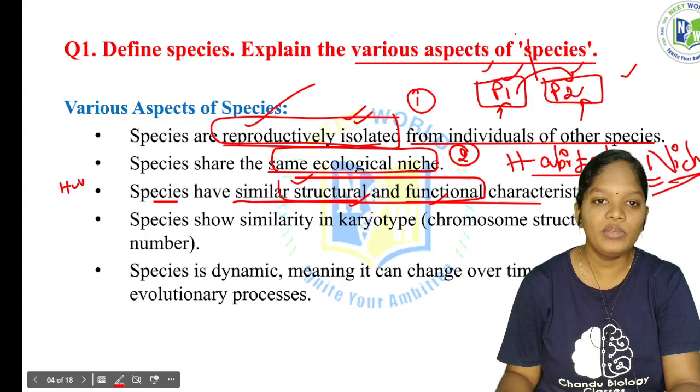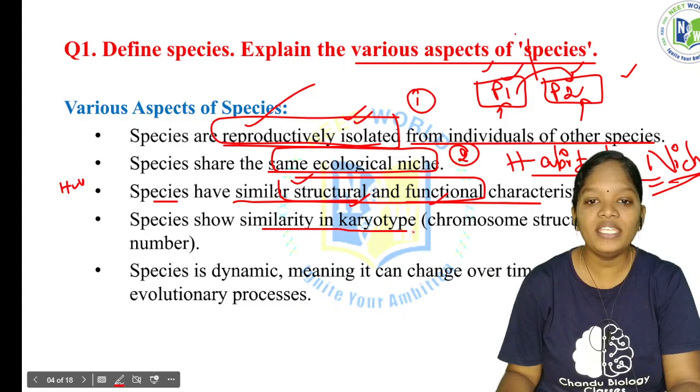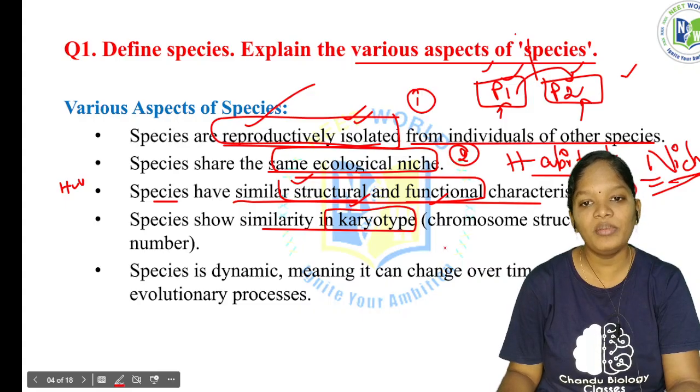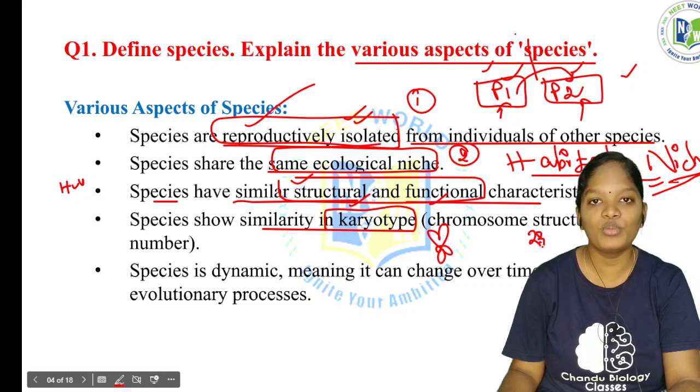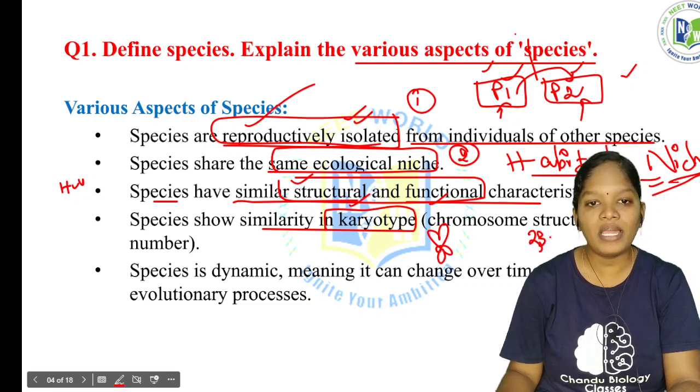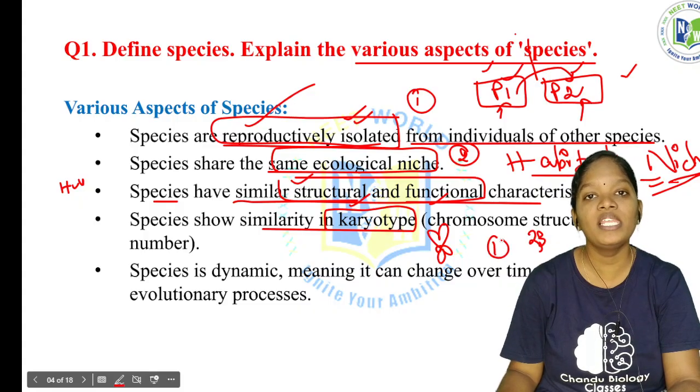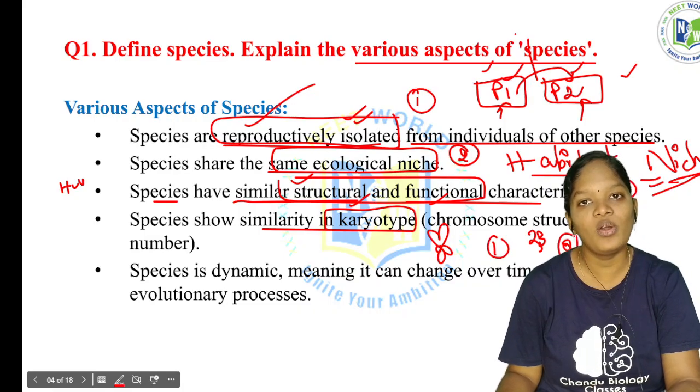And the fourth thing is they show similarity in the karyotype. Karyotype means the chromosomes we have. For example, in human beings we have 23 pairs of chromosomes. Each and every chromosome, the first chromosome, will look similar in all humans, and the second pair of chromosomes will be similar in all human beings.